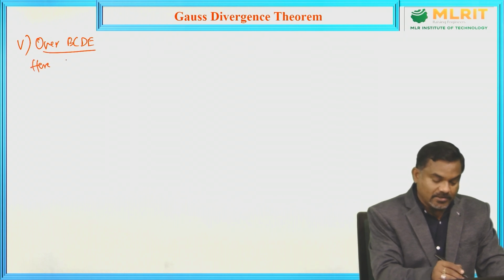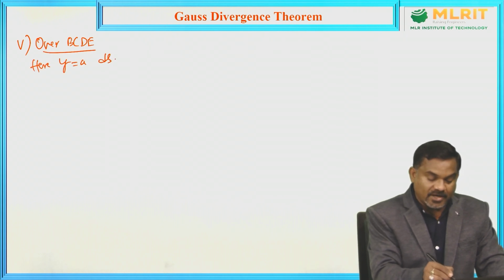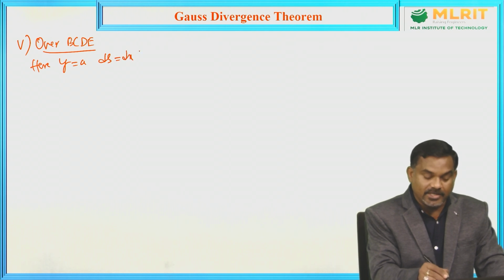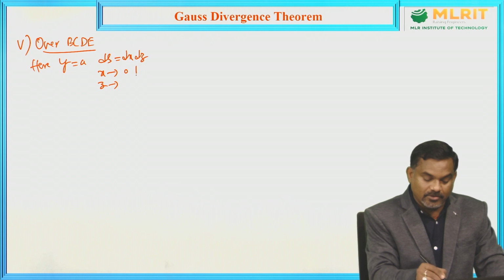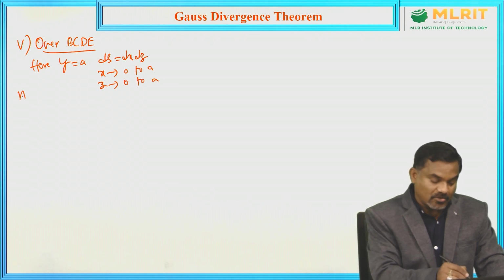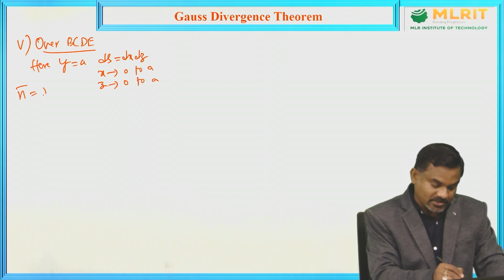So here the value of y is a and it is on the xz plane, so ds is dx dz, x and z change from 0 to a, and for this face the outward drawn unit normal vector is j bar.